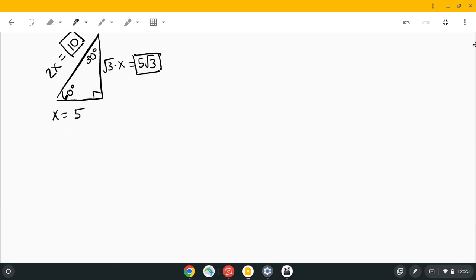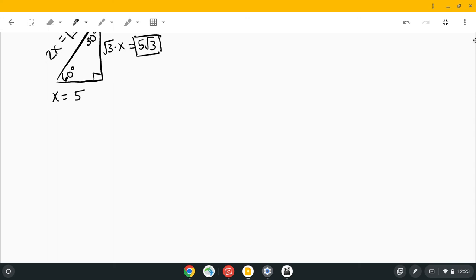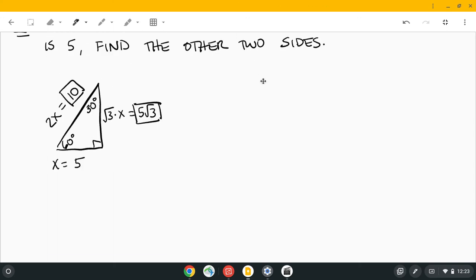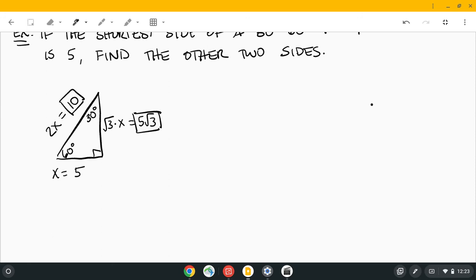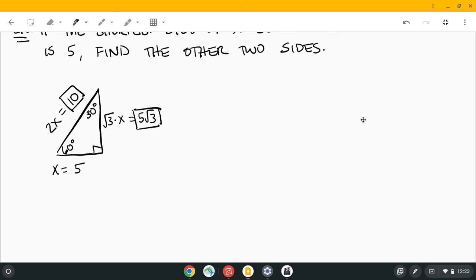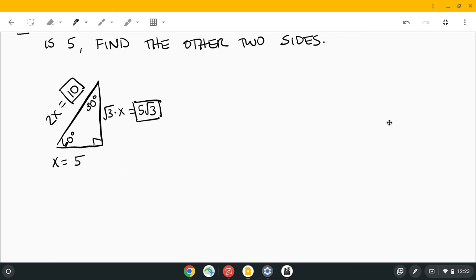All right, let's take a look at the 45, 45, 90 triangle. If you get word problems about a ladder leaning up against the side of a building, draw it out. You're going to get a triangle. This section is about right triangles, 30, 60, 90 triangles, or 45, 45, 90 triangles. So draw it out.